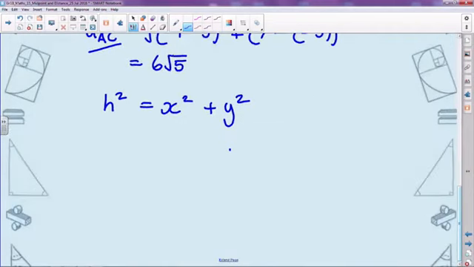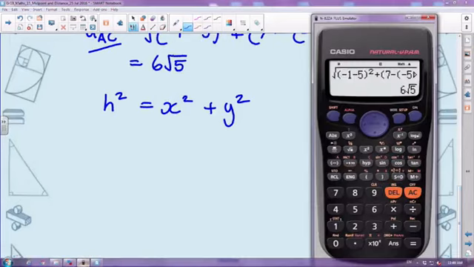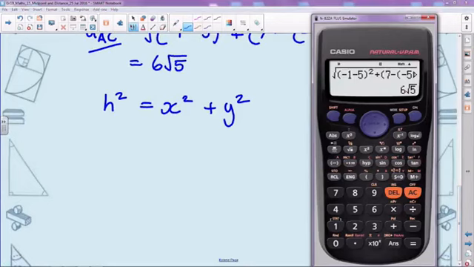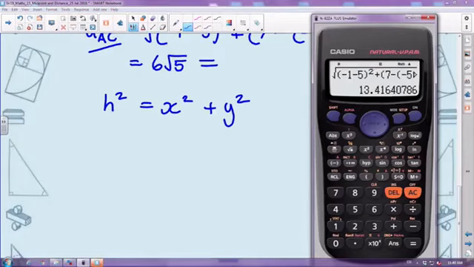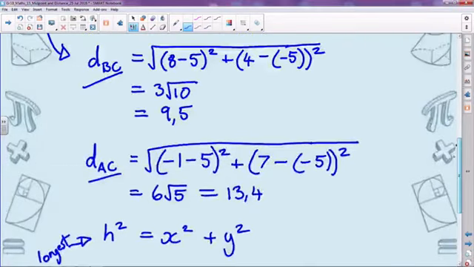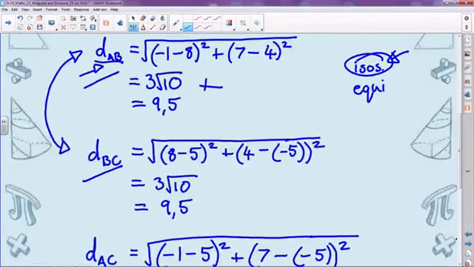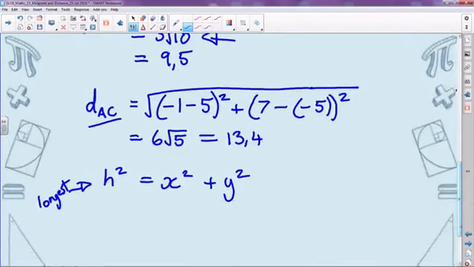And actually, let me get my calculator out and put this in simplified surd form. 13.4, we'll call it. Now we know that the hypotenuse is always the longest side. So let's try adding these other two numbers together, the square of these other two numbers, that one and that one, and see if we get the square of that.